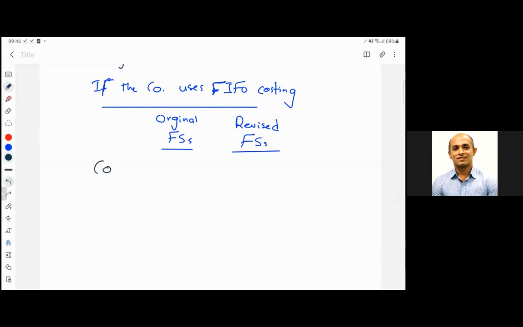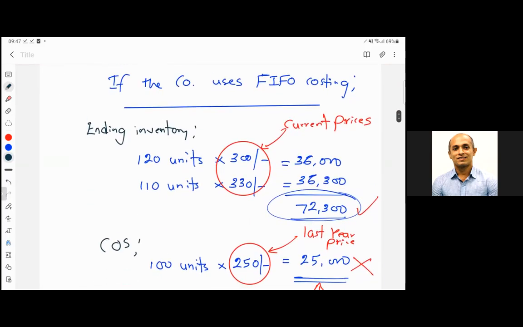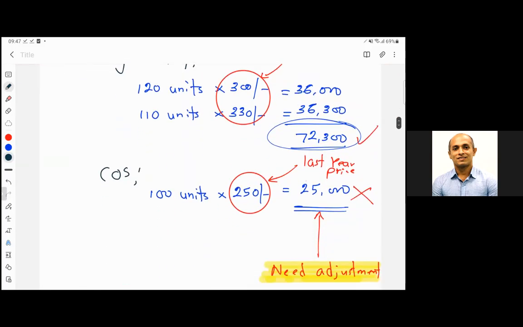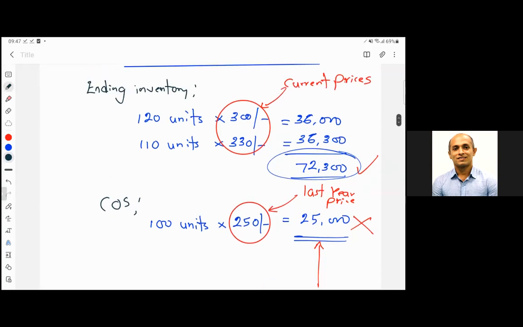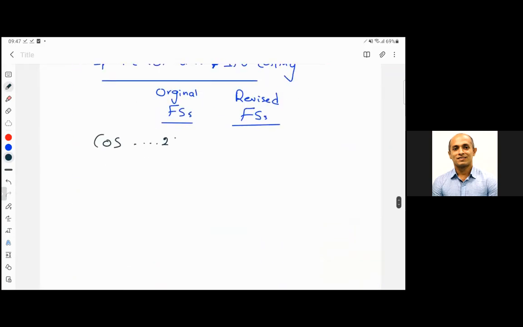Under FIFO costing, cost of sales is 25,000 and ending inventory is 72,300.